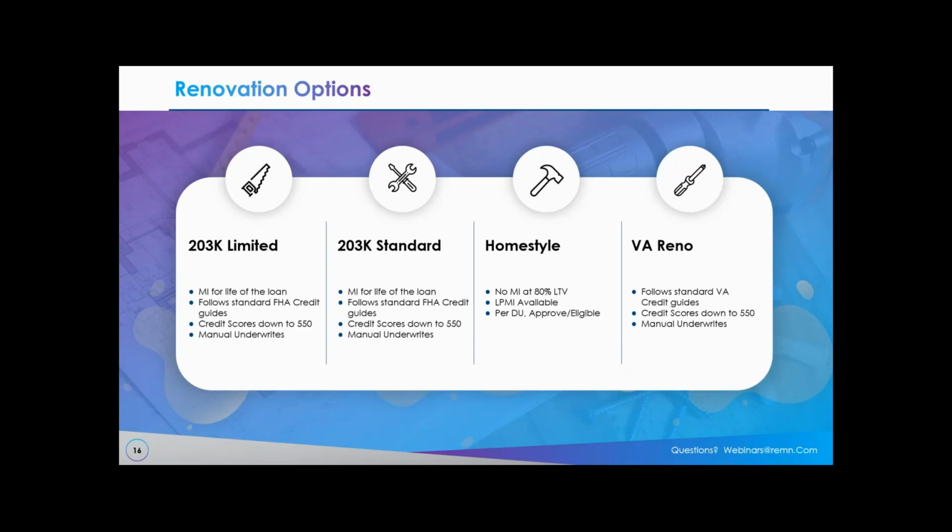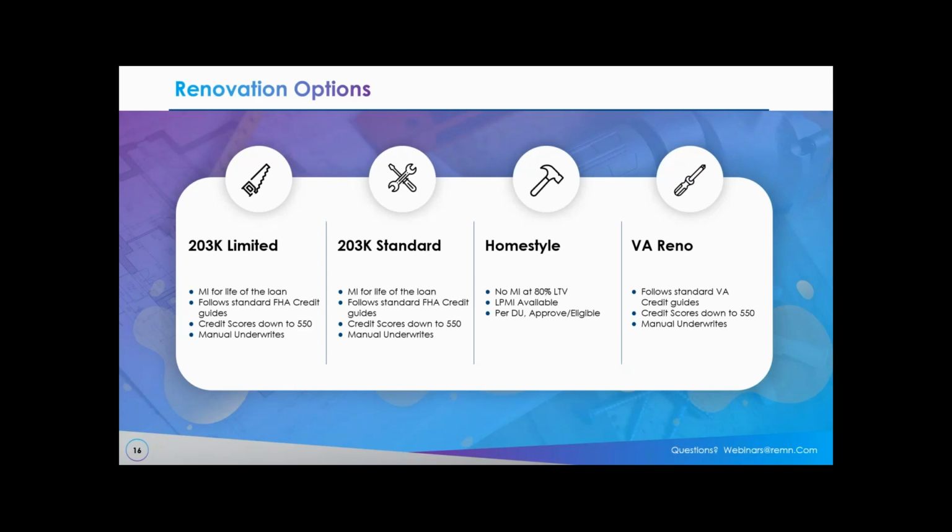And on a Fannie Mae HomeStyle, it's per DU approved eligible only. Okay. 203K Limited, 203K Standard. We are going to nix the third bullet point there. We're not doing credit scores down to 550 during this time. We're only going down to 620.